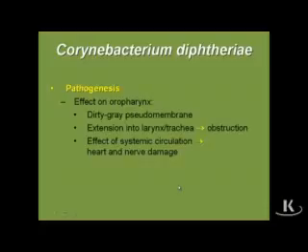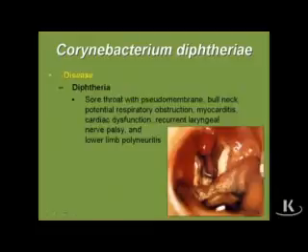All right, but now once the organism starts making that toxin again, it gets into the circulation, then we have effects on the heart and potential nerve damage. So what I want to show you first is this kind of dirty gray pseudomembrane that you can see in the back here. Again, if we were to go in and scrape that pseudomembrane, it would probably bleed very easily.